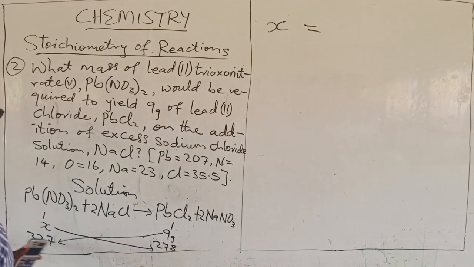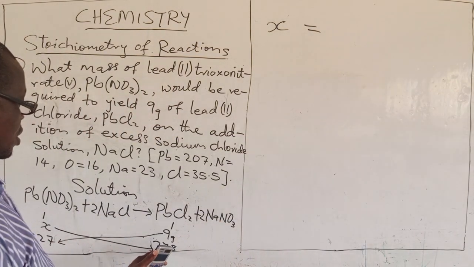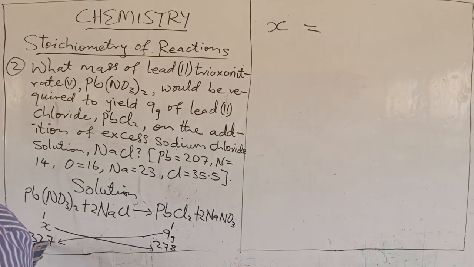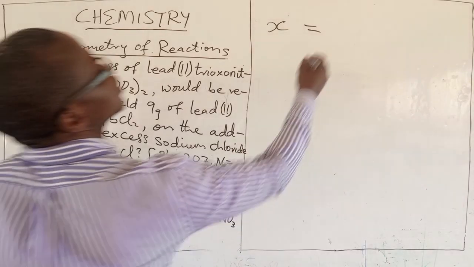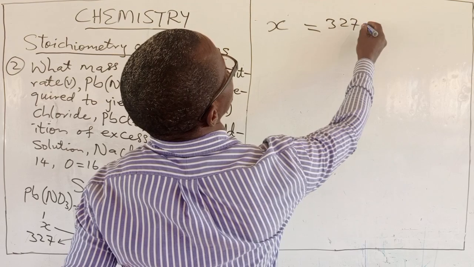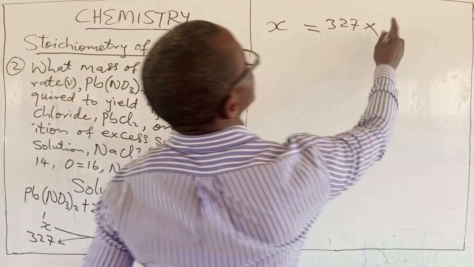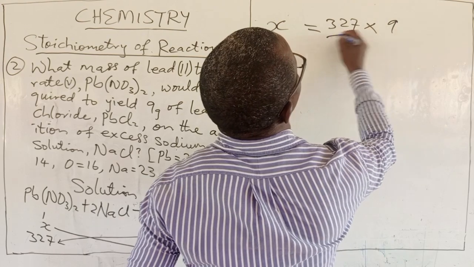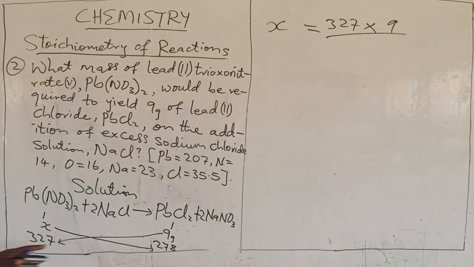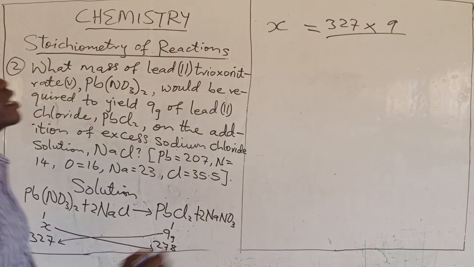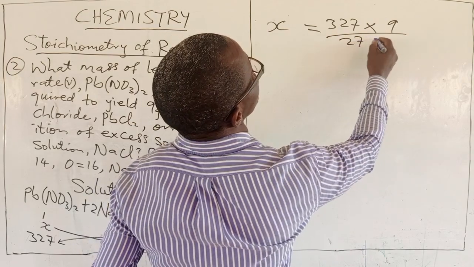equal to, since I'm taking this, now I will say this times this before I will take this side. 327 times 9 all over 278.